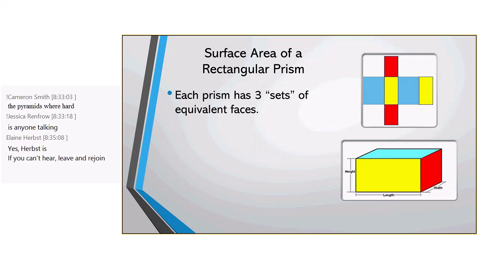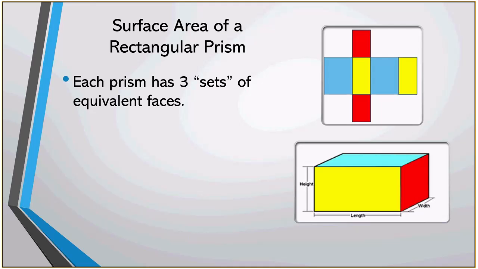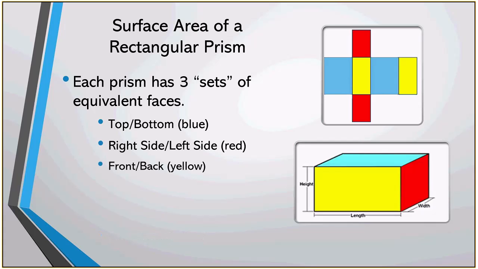So, remember from yesterday, this is just a review, that surface area of a rectangular prism has 3 sets of equivalent faces. Remember from this image, the blue faces in that net were the top and bottom, the yellow faces are the front and the back, and the red faces are the left and the right. So, there we go.